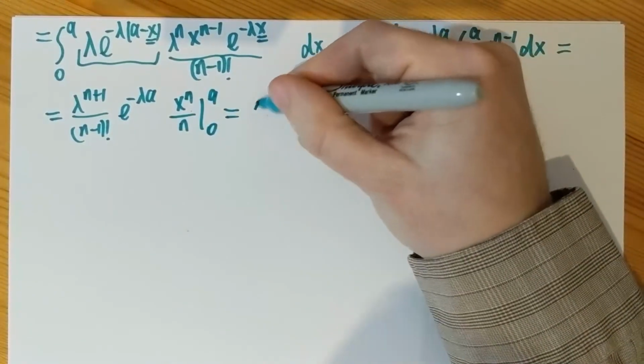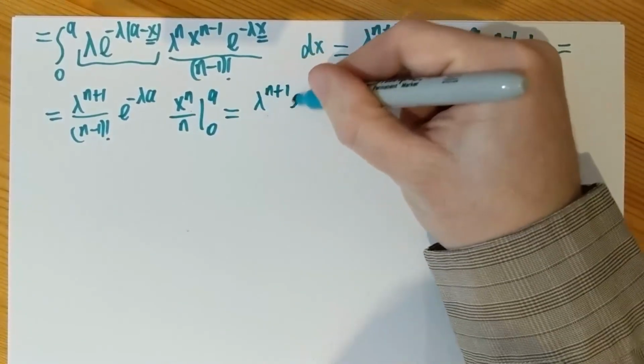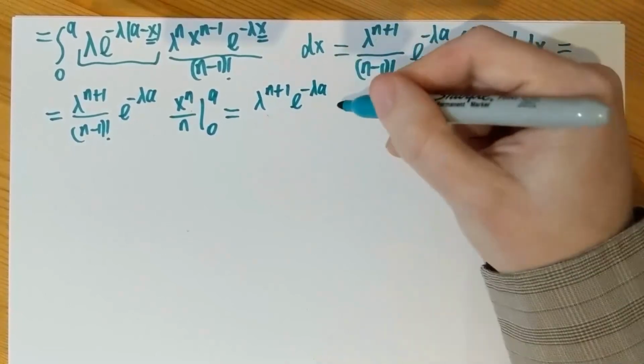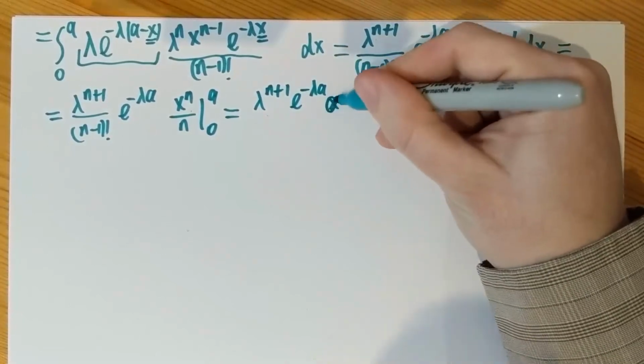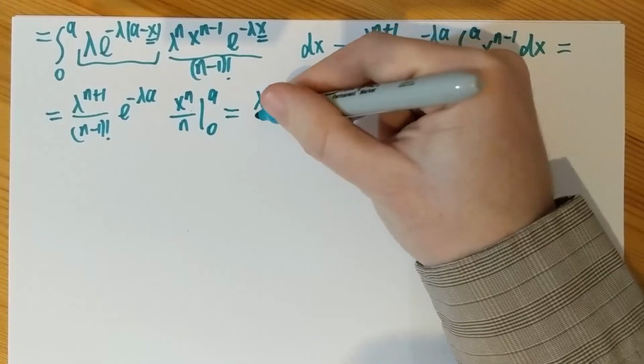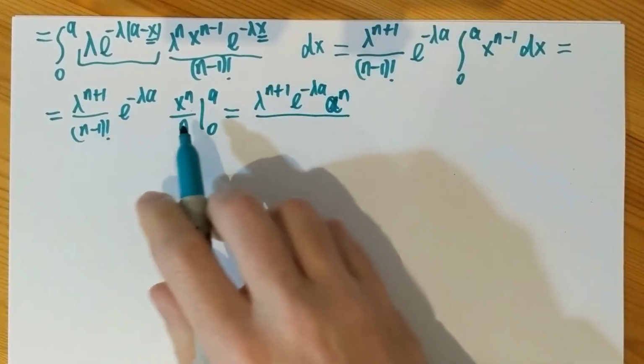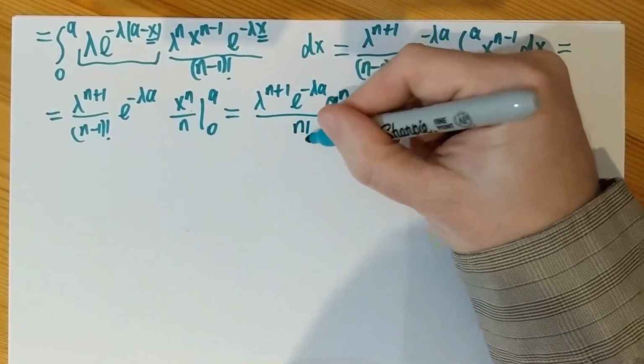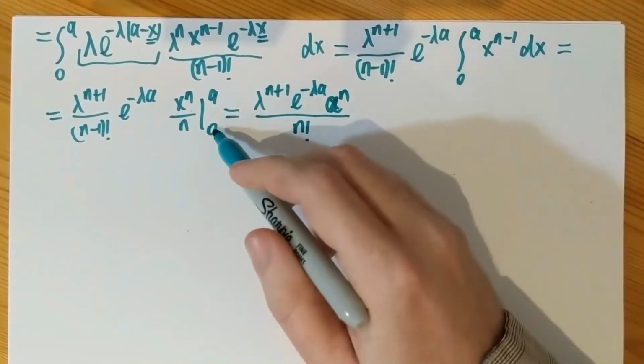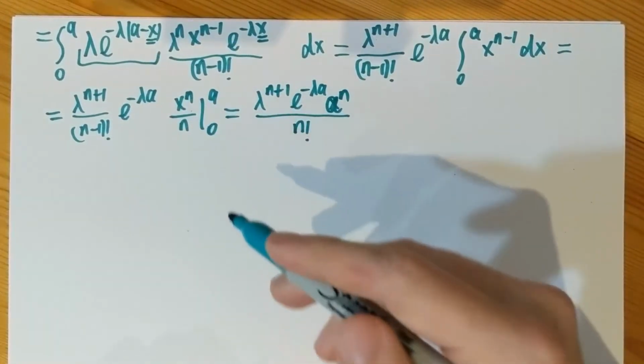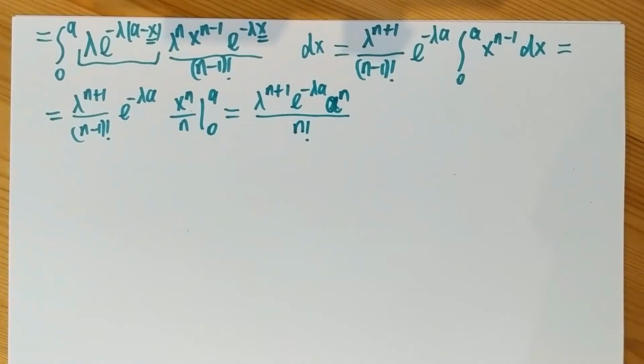When I take the thing at a, that will give me a to the n. When I collapse n minus 1 factorial with n, that gives me n factorial. And when I take x to the n at 0, then I get 0. n is at least 1 in this argument. So I start the induction from n equals 1 and I want to go higher, so n is at least 1, and the first power of 0 is 0.